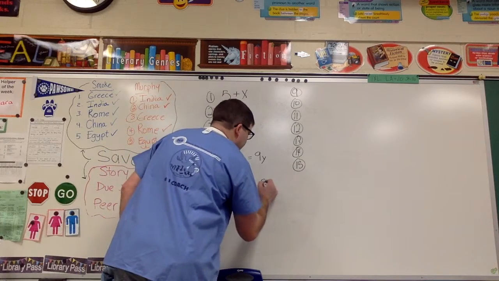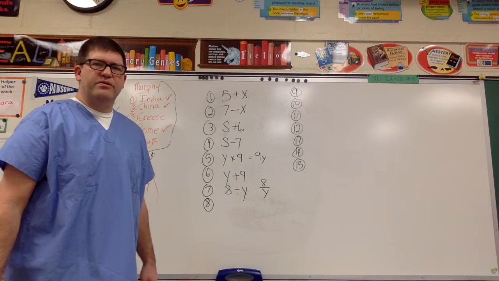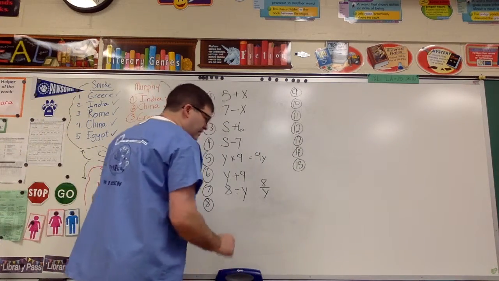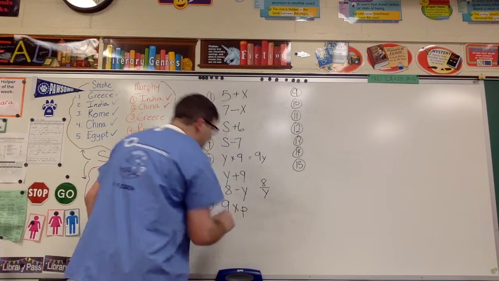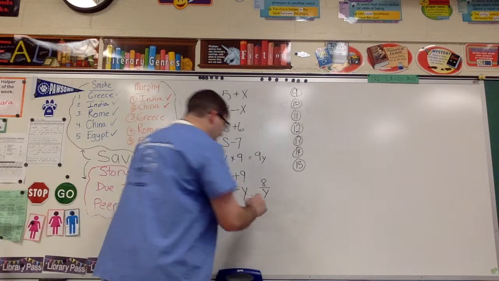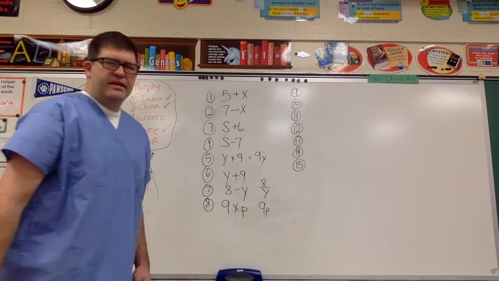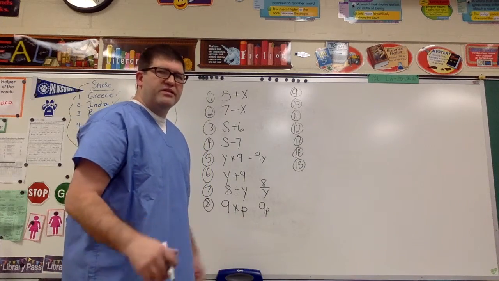You could also write it like this, because that means divided by, and quotient means divided by. Number 8, the product of 9 and p. 9 times p, or 9p. That's how I prefer to write it. You'll see this a lot in algebra, where they're just touching.